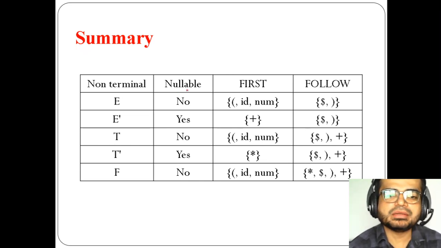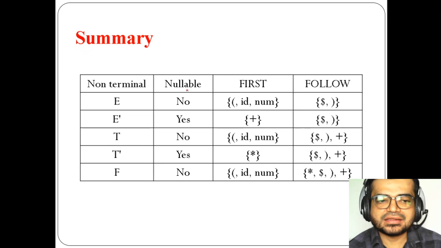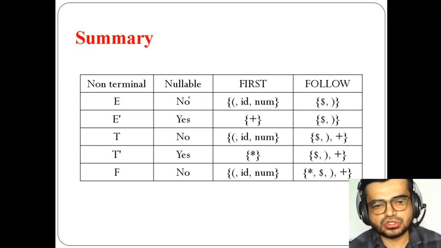What do I mean by nullable? If a non-terminal has an epsilon production, then it is nullable, marked S. If there is no production that ends with epsilon, it is marked No.